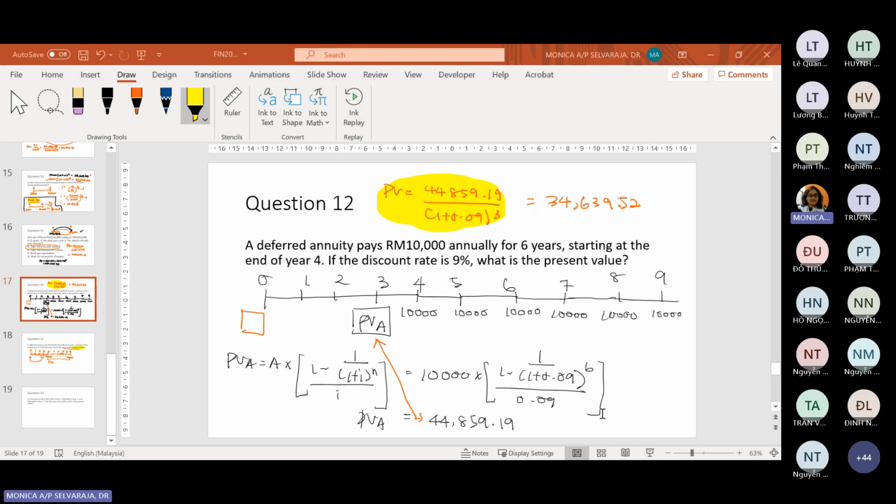What is the PVA formula? PVA formula is what? Who can tell me? A multiply with 1 minus 1 divide 1 plus I power of n, divide I.